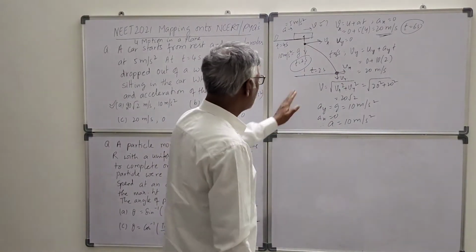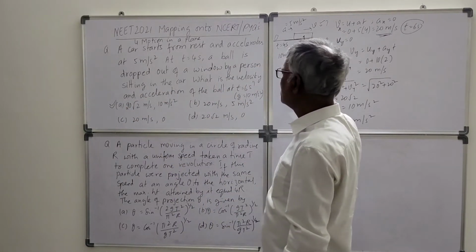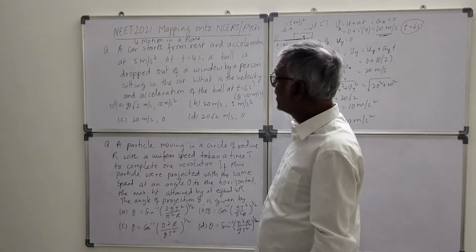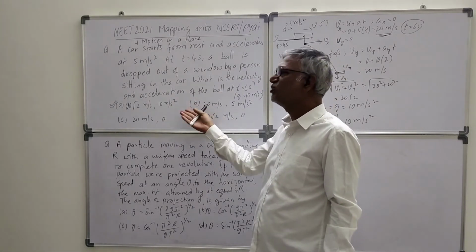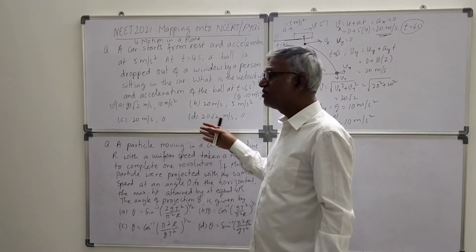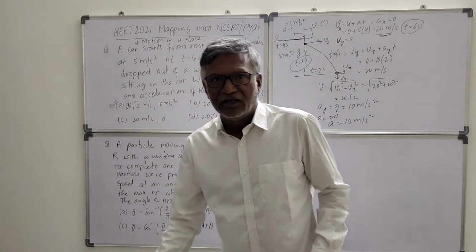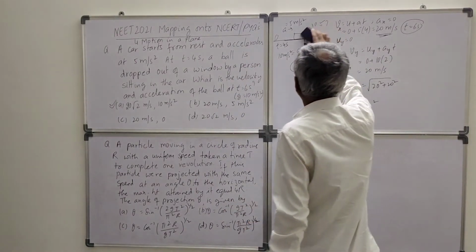So this is the question. Anyhow, directly by seeing this concept, if you know g is the acceleration due to gravity, 10 meters per second square, you can keep this answer directly because there is no need. These answers are wrong, so this answer is the right. So this much is simple as this question.